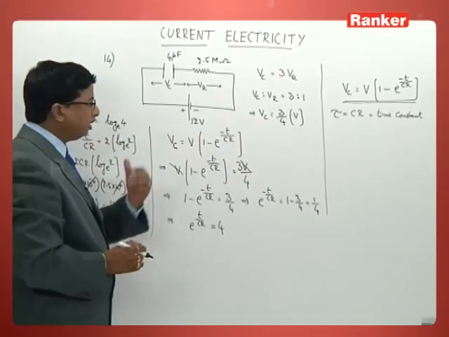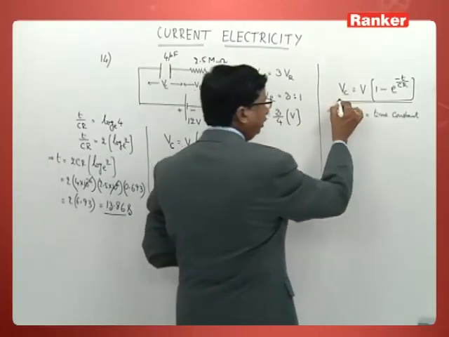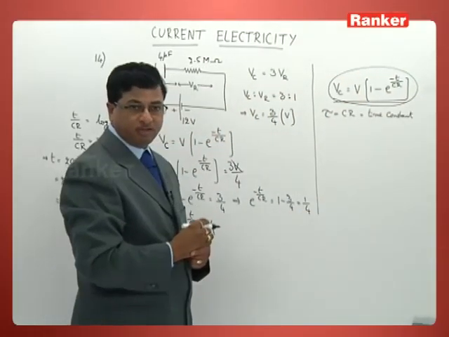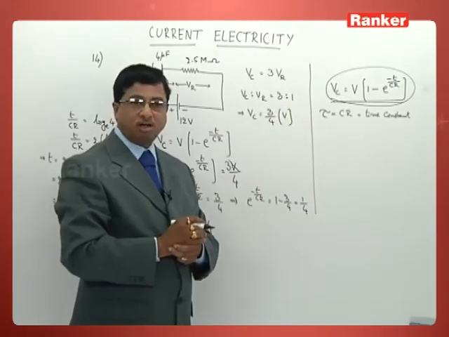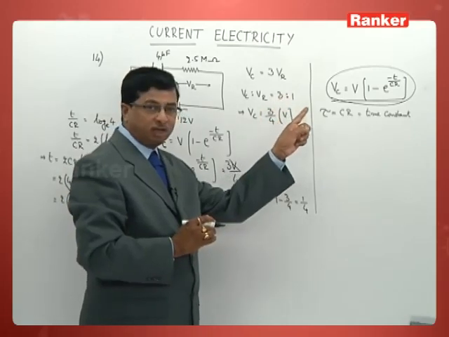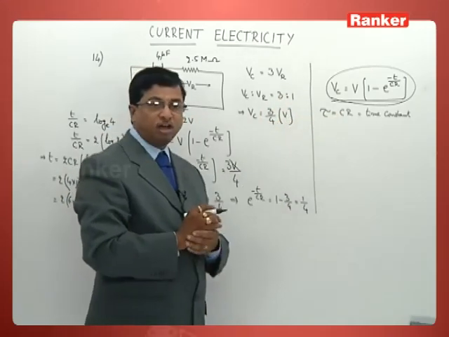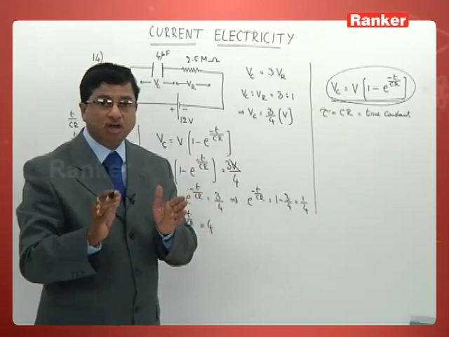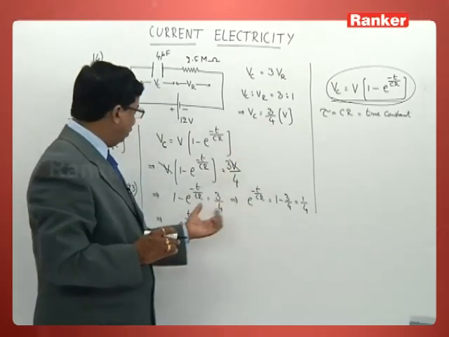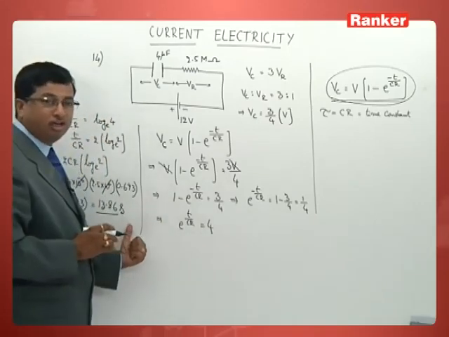So what you should understand, this is actually the equation for the CR circuit. In terms of the potential across the condenser, if you can remember that formula along with CR, which is called the time constant, you directly can work out the value needed.